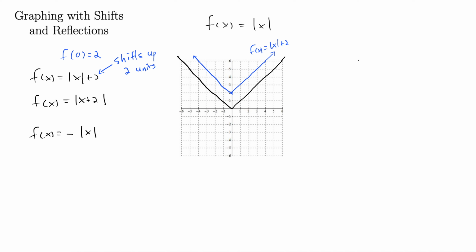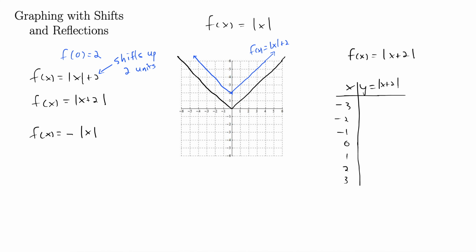And I'll prove it by plotting points, although this is not how we want to be doing things for this section, but just to show how this one shifts it 2 to the left. Let's plot some points. So x, and then we'll let y be absolute value of x plus 2. The standard points that we choose, maybe something like this: -3, -2, -1, 0, 1, 2, 3.